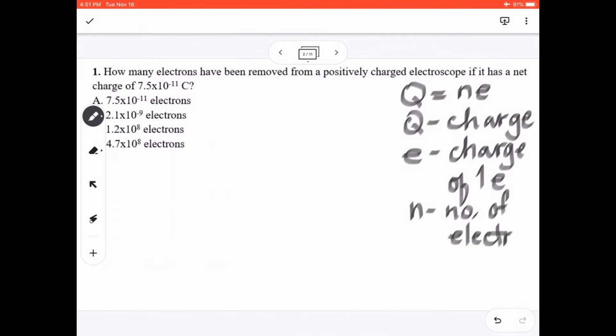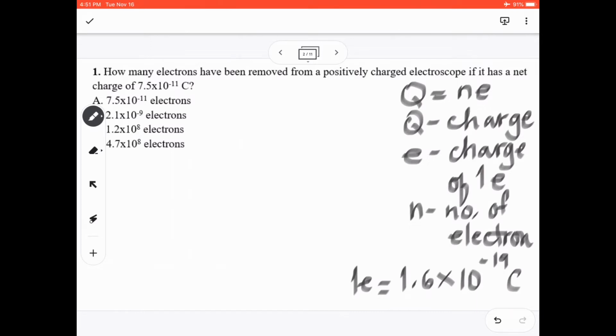According to studies, one electron has a charge of 1.6 times 10 raised to negative 19 coulombs. This value is also found in your textbook on page number 62.